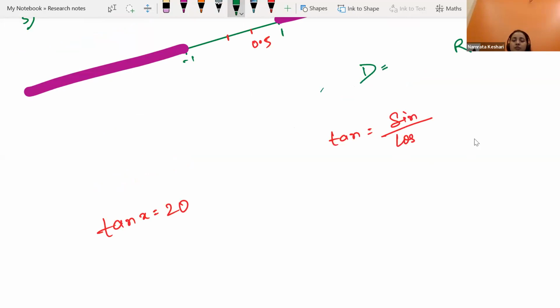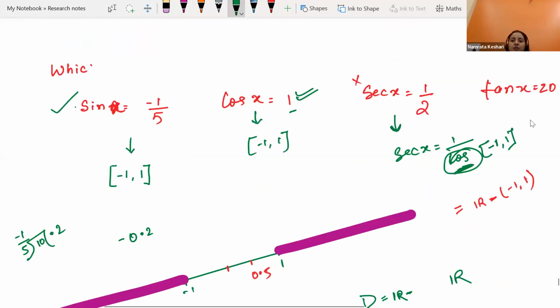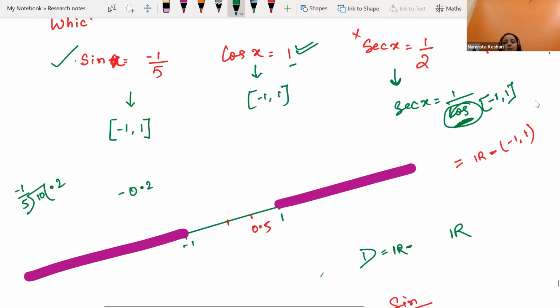Domain means input. We can take any real number. Range is R. So 20 is fine, any real number can be the output. So the third option is the incorrect one. Getting it? So this is how we have to check this type of question.